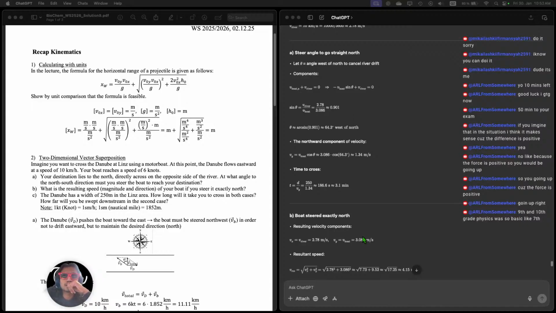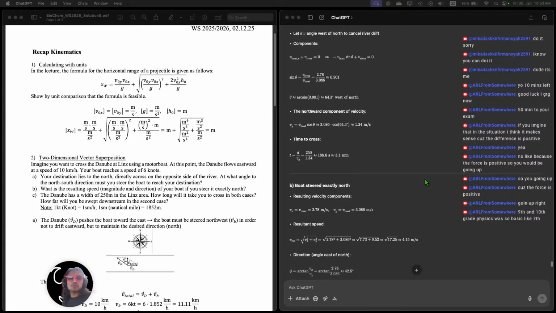Northward component of the velocity. Time to cross. Oh, you calculate it as a straight line with the north. So what is the use of this horizontal vector that is used to find the angle? Okay. Should I do it? I feel like I have time to do this question.